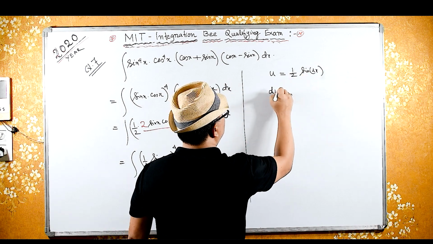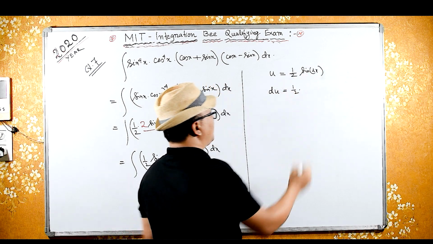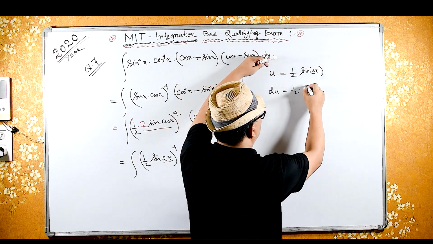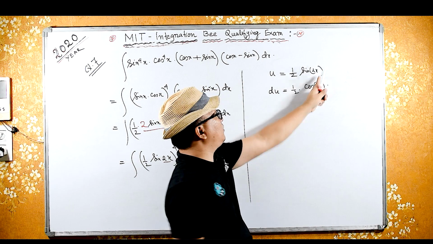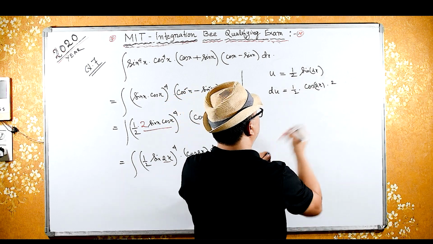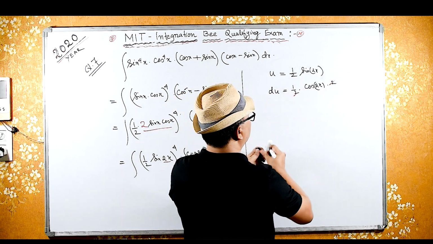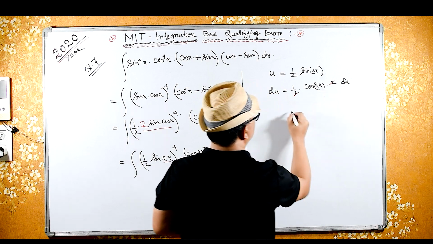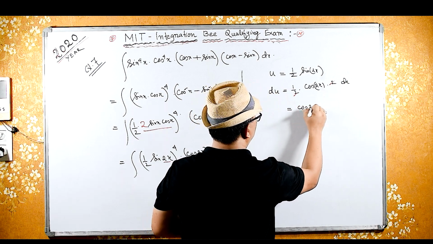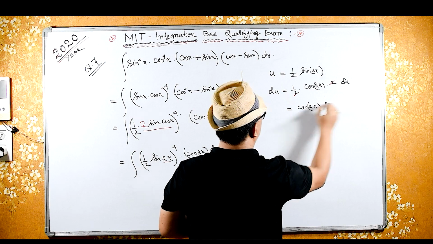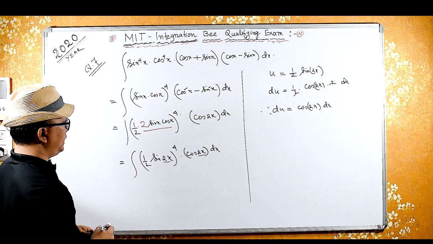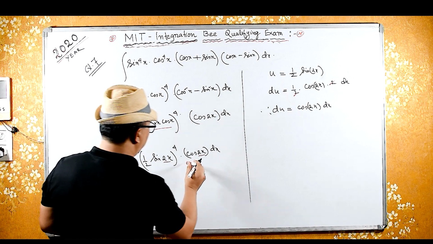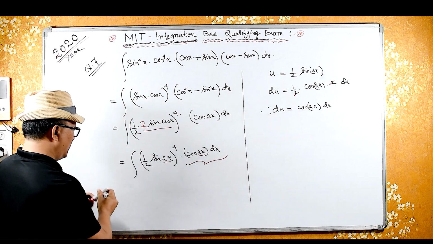Then du is what? Half is constant. Differentiation of sine is cos of 2x into d by dx of 2x, which is 2. Therefore, these 2 get cancelled. Here I have cos of 2x into dx as my du. Now this becomes my du.